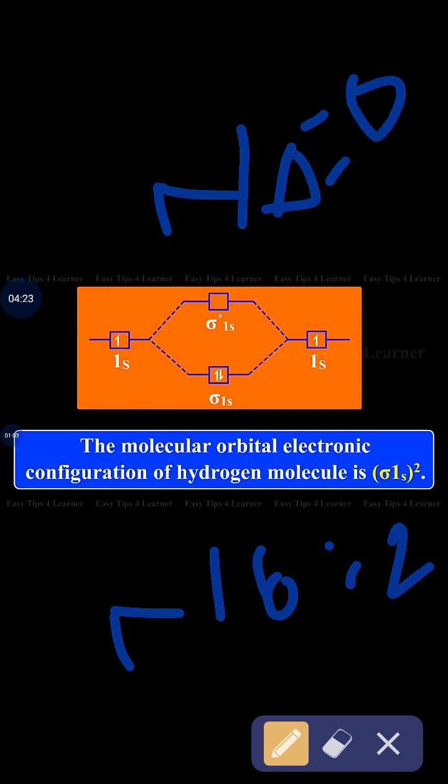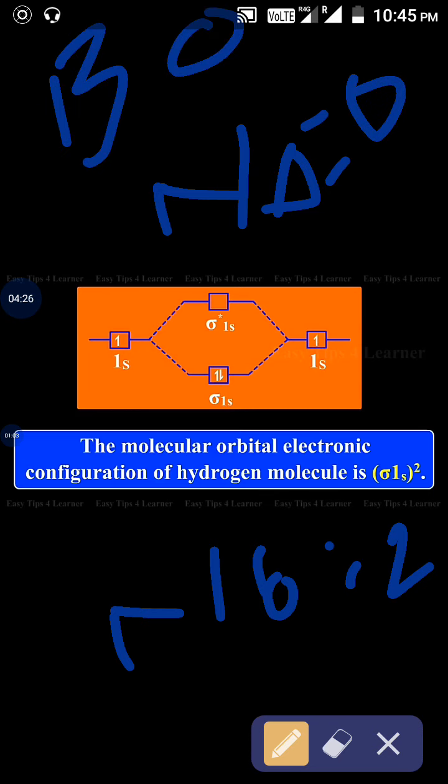So what would be the formula of bond order? Bond order is equal to the bonding number of electrons minus the anti-bonding number of electrons, divided by 2. We will see it further. This is the formation of hydrogen molecule according to the molecular orbital theory. Now the bond order of hydrogen molecule can be calculated where Nb is equal to 2 and Na is equal to 0.